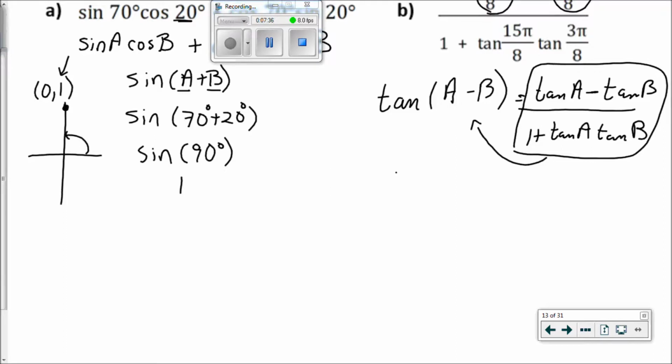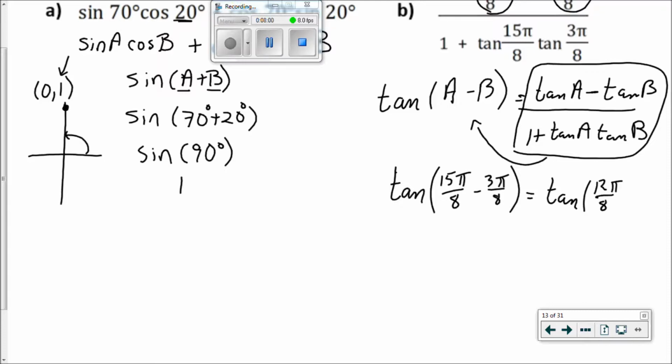So the tan of A minus B, except in this case A is 15 pi over 8, and B was 3 pi over 8. If I subtract those, I'm going to get tan of 12 pi over 8.